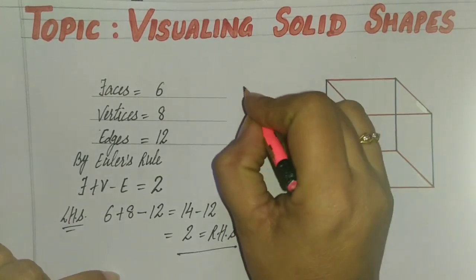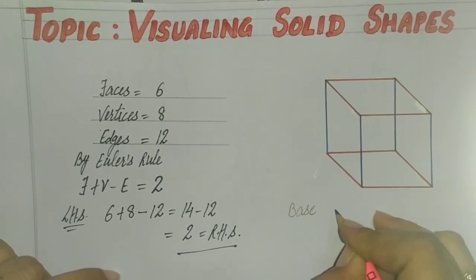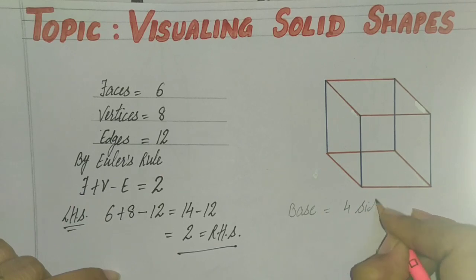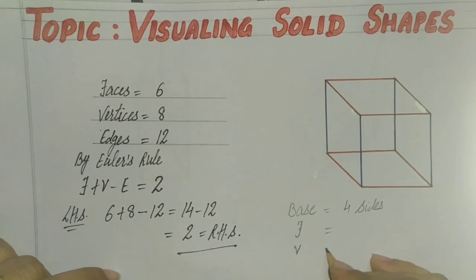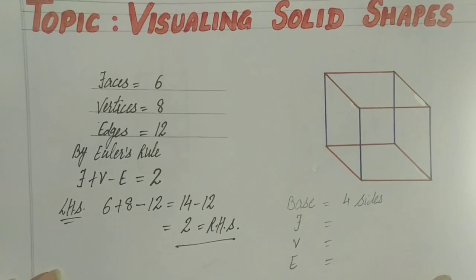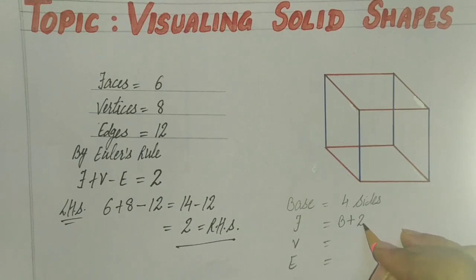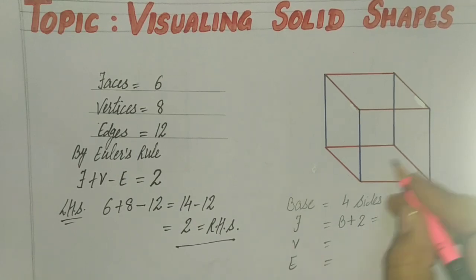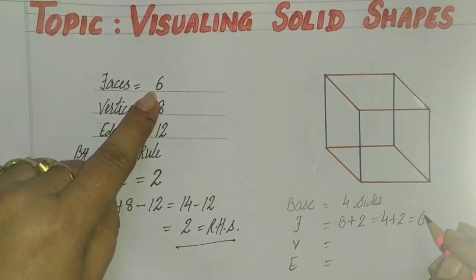Since in the base there are 4 sides, to find the number of faces, you just add 2 to the number of sides. For example, here the number of sides in the base is 4, add 2, you will get 6, which is equal to the number of faces.